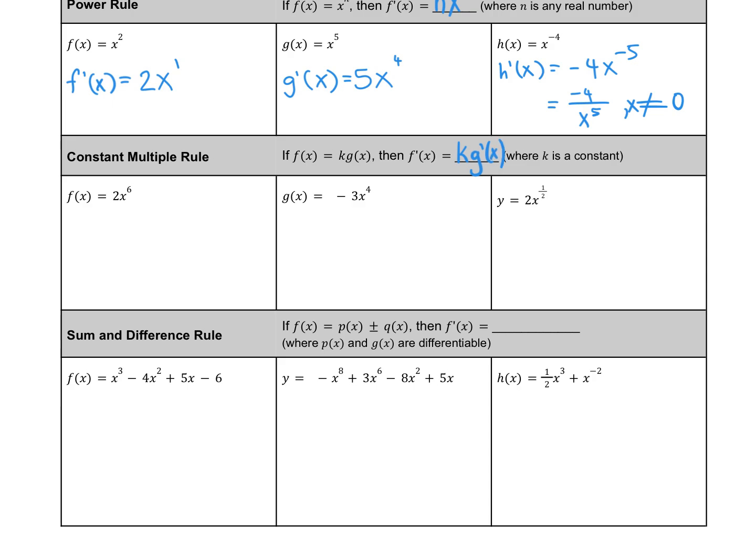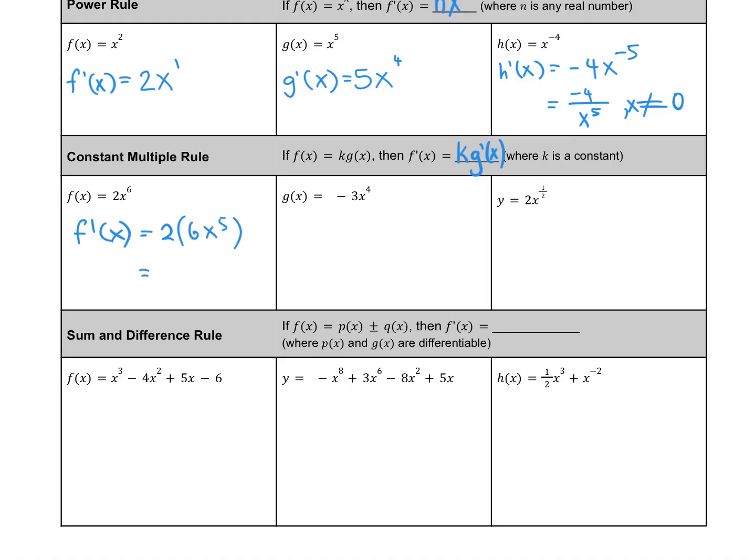And right now we have the power rule, so let's apply this to the power rule. I have f of x equal to 2 times x to the 6. We can treat x to the 6 as that new function. So for the derivative, the 2 relaxes. I'm just going to put in brackets just to show the point. The derivative of x to the 6 is 6 times x to the 5.